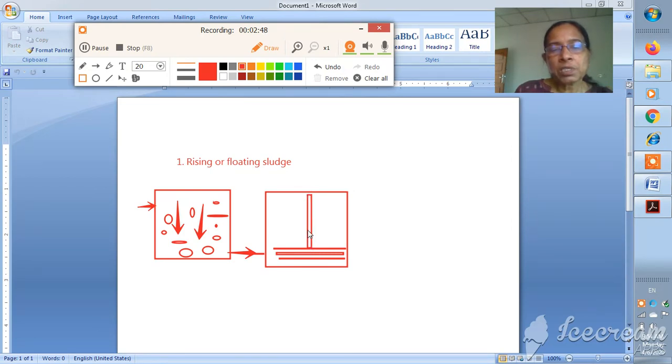This scraper bridge rotates continuously, and due to the continuous rotation, the settled sludge is removed from this secondary sedimentation tank.